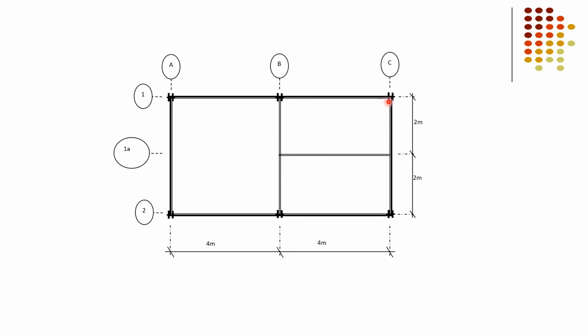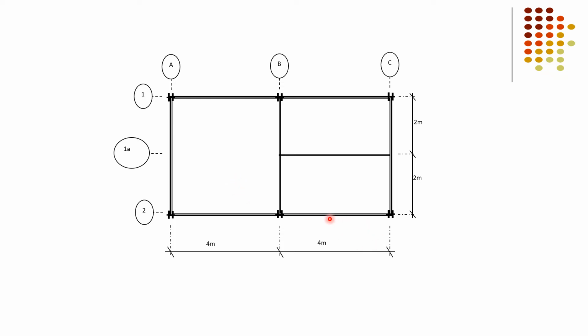Now you can see this slab is supported by four beams, and again this slab is supported by four beams, and this whole slab is supported by four beams. This longer beam, this beam. So in this plan of the building there are three slabs, 1, 2, 3. We will check one by one.